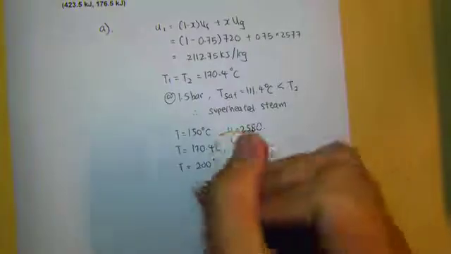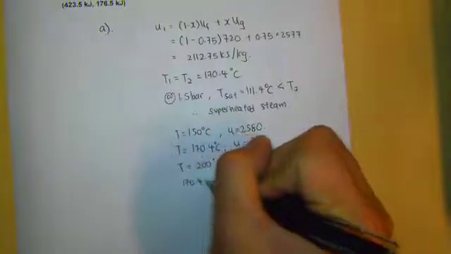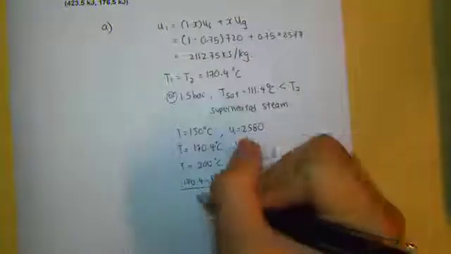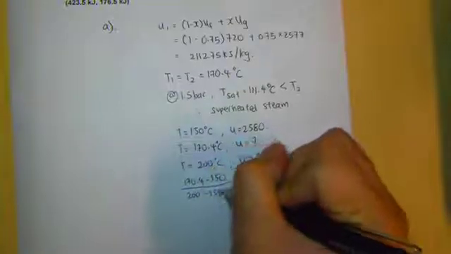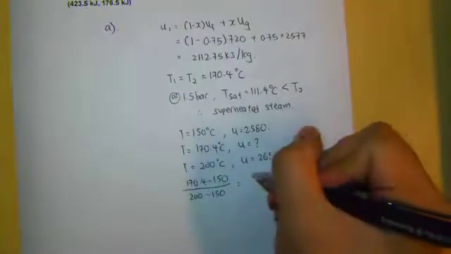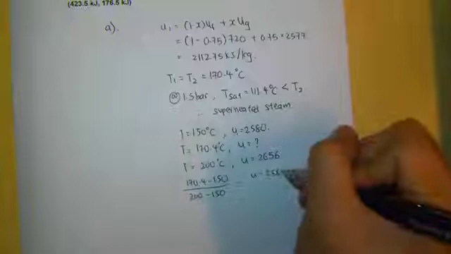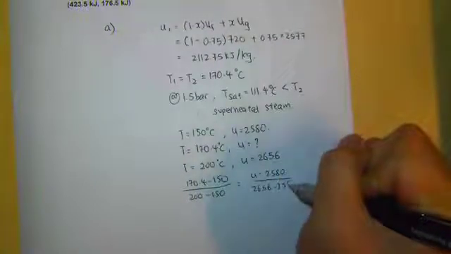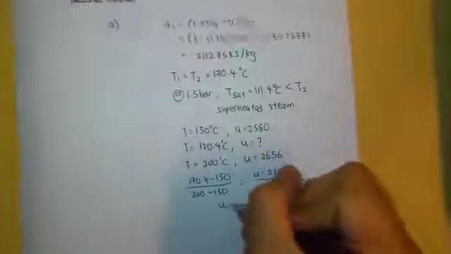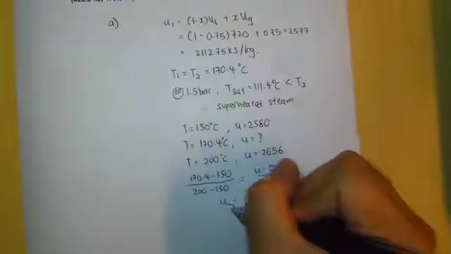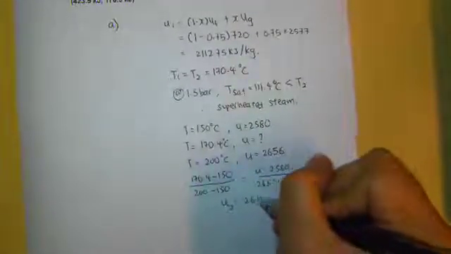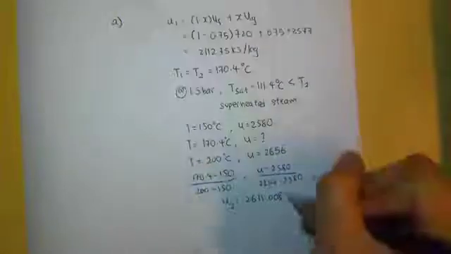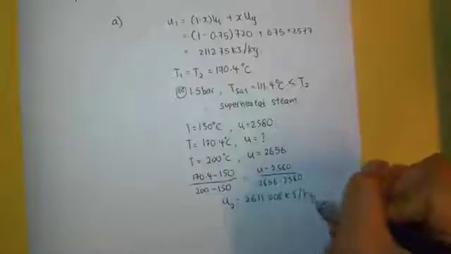With that, we will use middle minus top over bottom minus top. Same thing for the right hand side, middle minus top over bottom minus top. Calculating this, U2 will be 2611.008 kilojoule per kg.